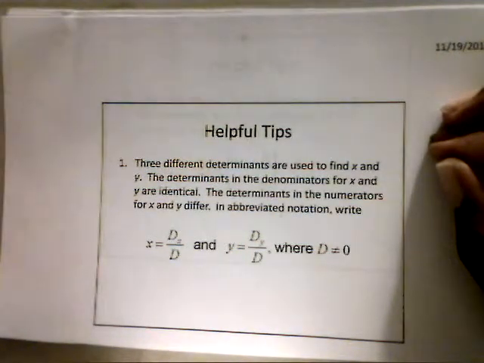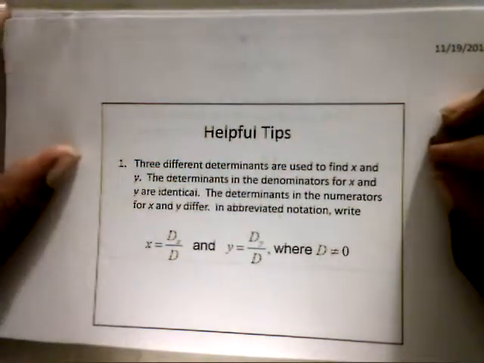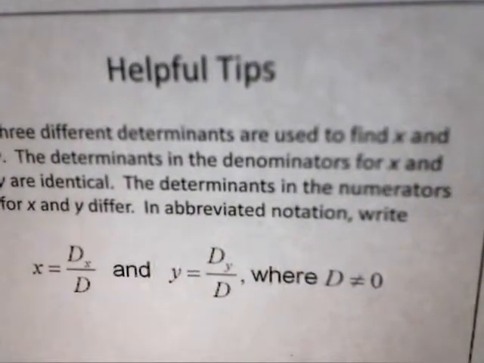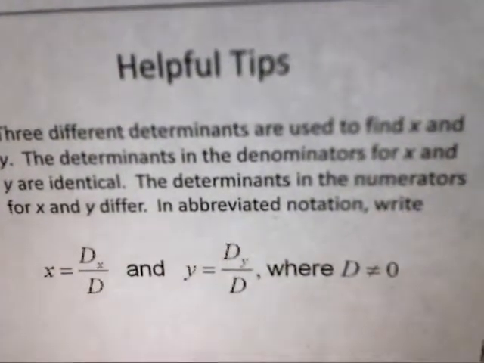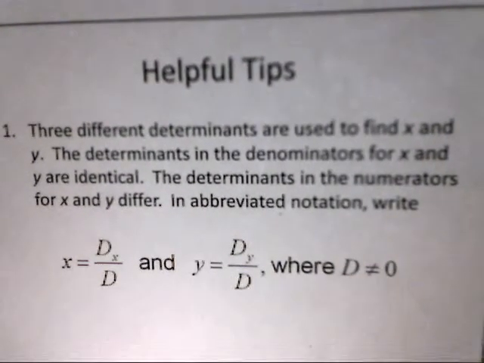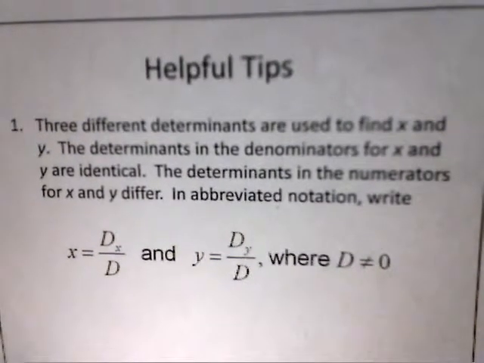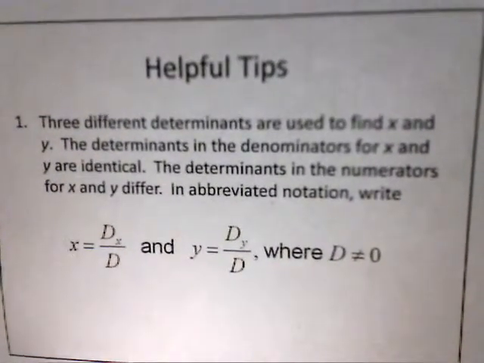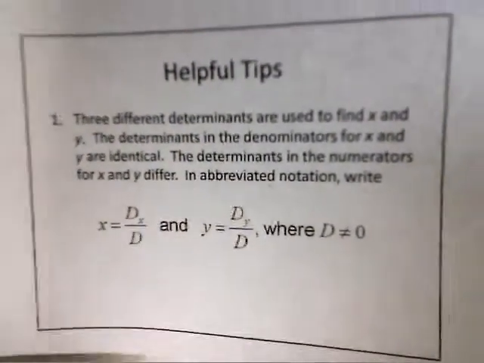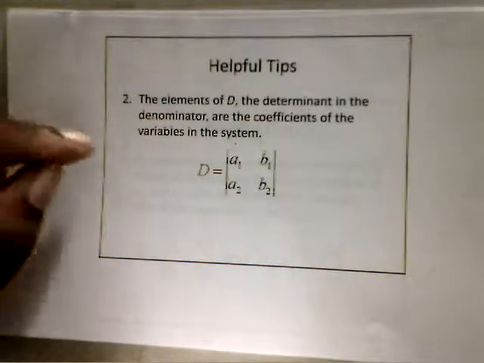So in an abbreviated notation, we write x equals D sub x divided by D, and y equals D sub y divided by D, where D is not equal to 0. So now, where do we get D sub x and D sub y from?